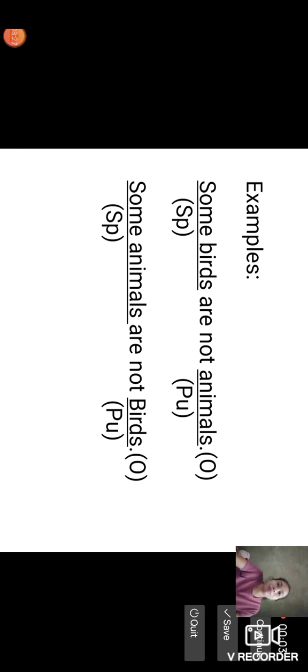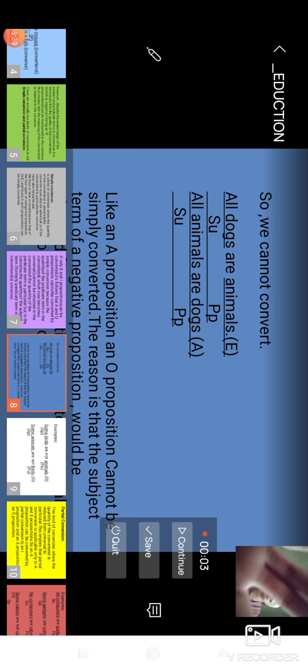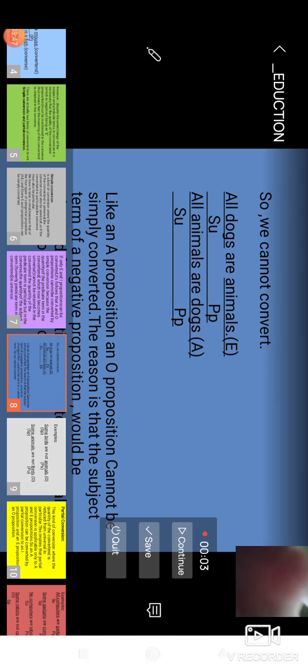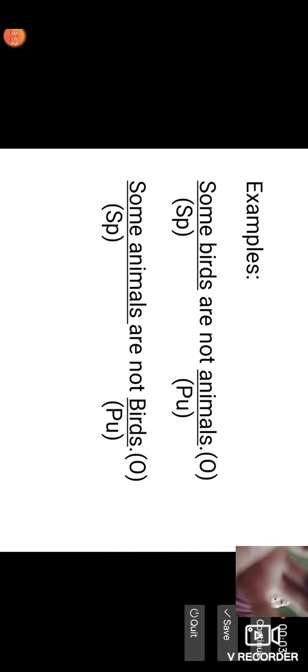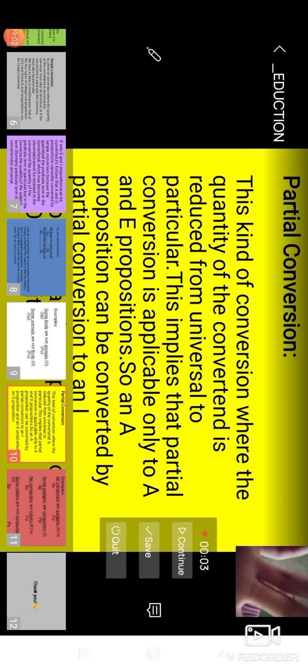The subject is some birds and the predicate is animals. Converting it gives "Some animals are not birds," which is not valid either. So it cannot be converted. Let's proceed to partial conversion.